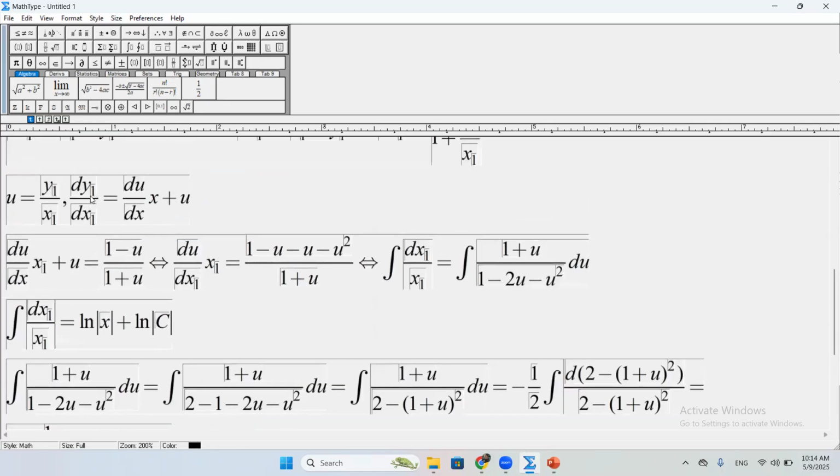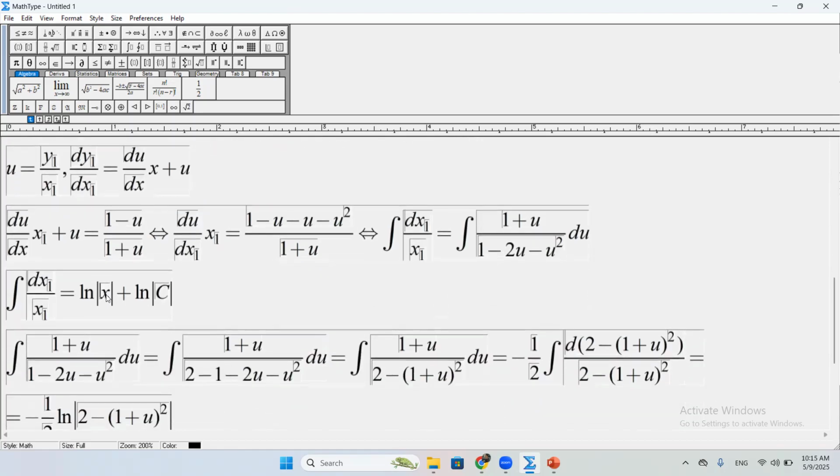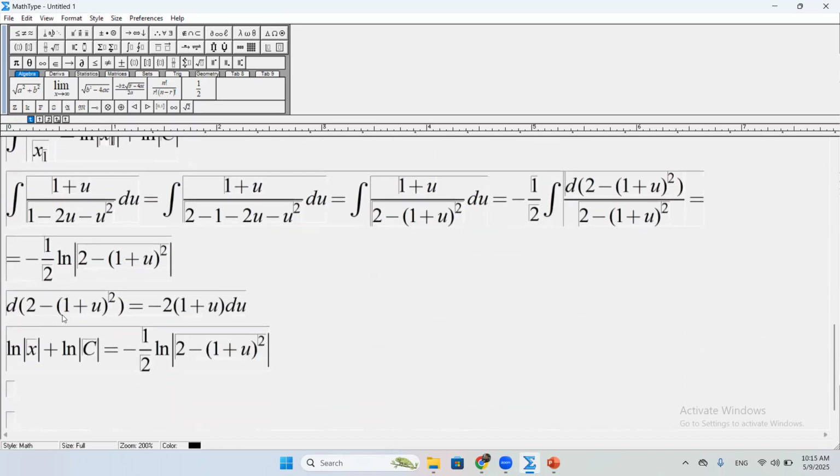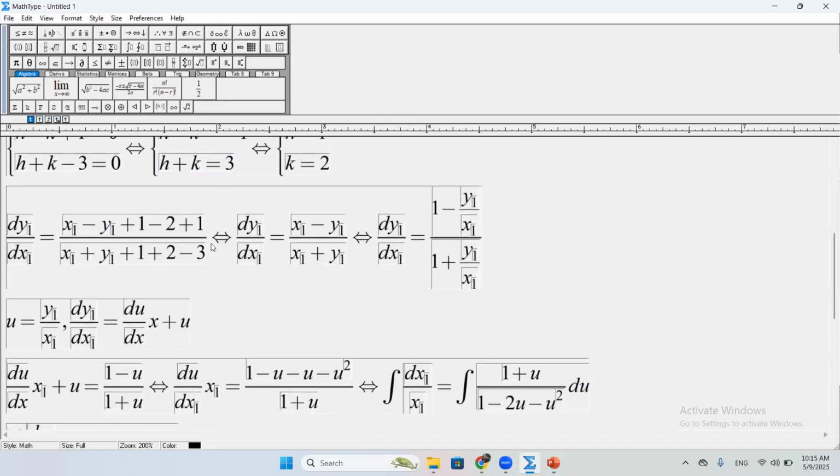Actually, dy1 by dx1 equals dy by dx because they are constants. But it's a good idea not to break indices anywhere. I was asked if x should be with 1, where du over dx, a bit lower. Yeah, sure. Nice catch, thanks. Yes, thank you.